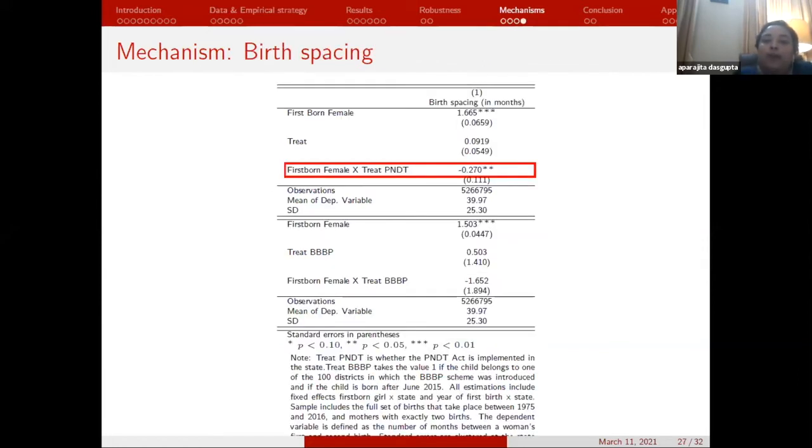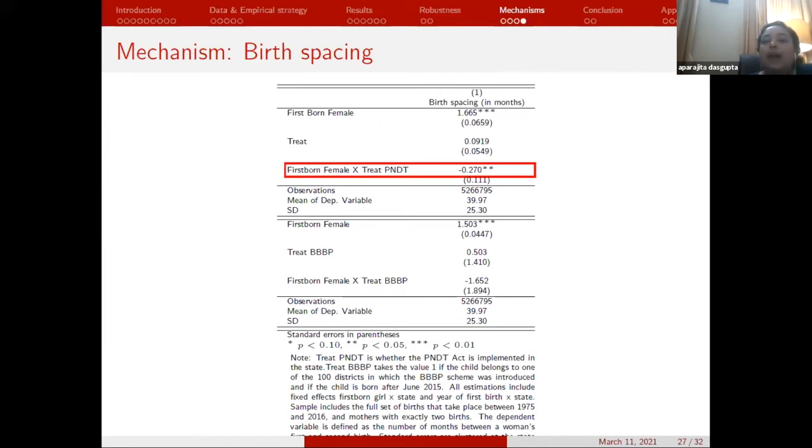In terms of birth spacing, we find that for firstborn female families post ban, the birth spacing is going down, and this is in line with fertility going up. So birth spacing would mechanically go down, and we do confirm that.